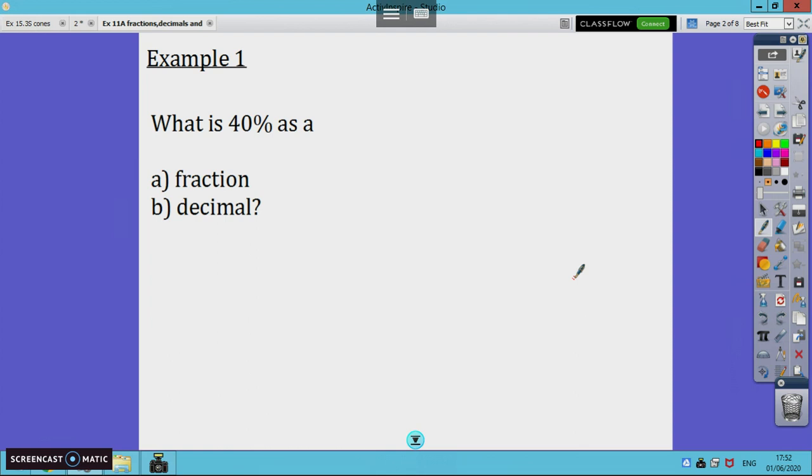So if we write 40%, we know that per cent means per 100. Cent means 100, like century means 100 years. So 40% means 40 per 100. And the way that we would write that is 40/100.